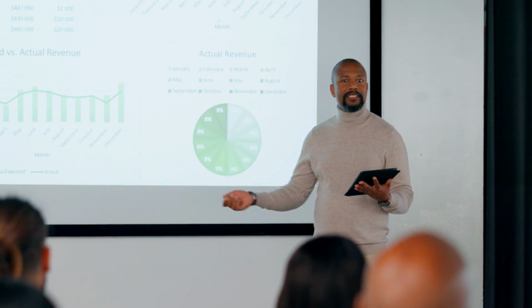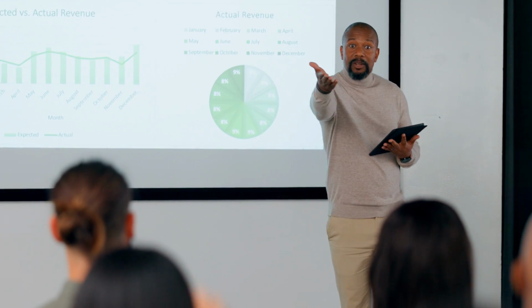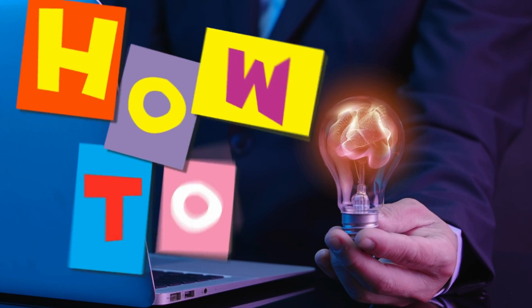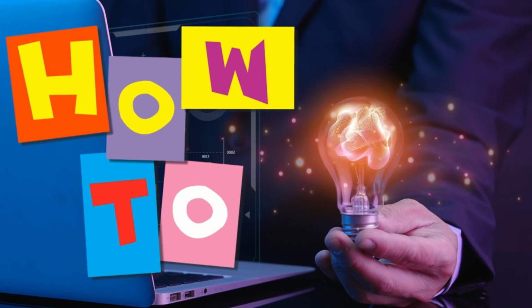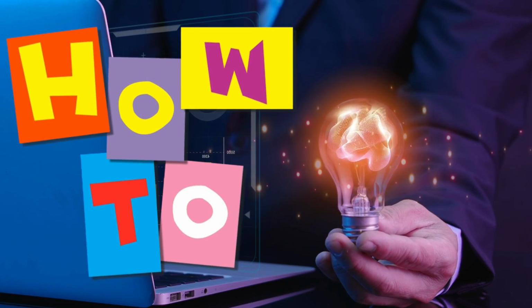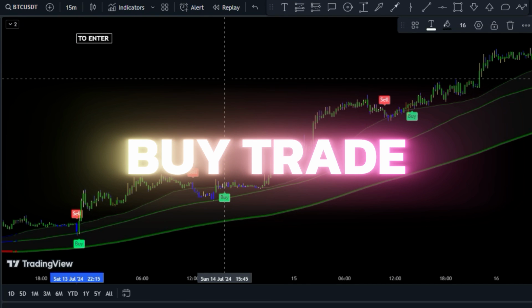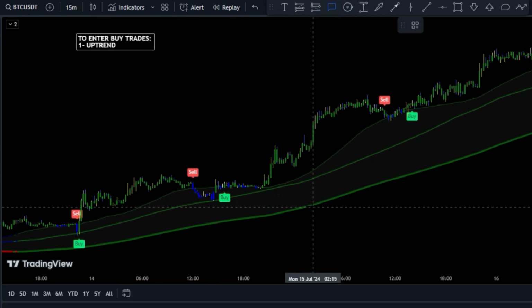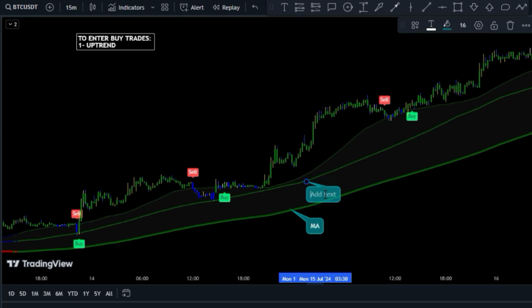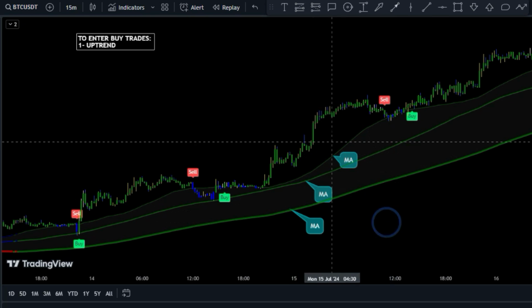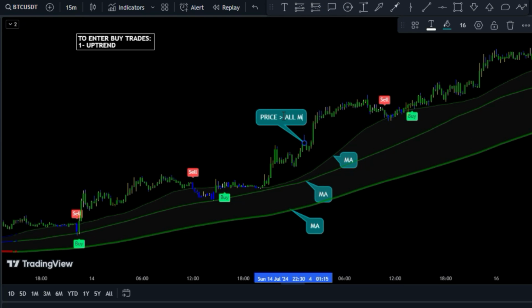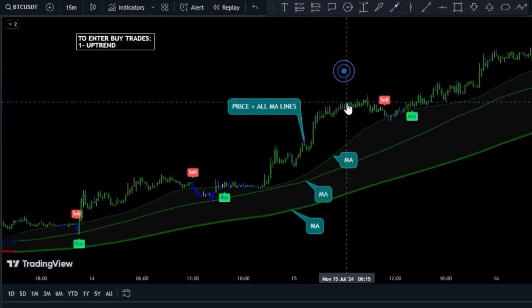Now that you're familiar with adding and optimizing indicators, let's explore how to make profitable trades using our strategy and its straightforward rules. When it comes to buy trades, always ensure you're trading in the direction of the uptrend. Verify that the price candles are above all moving average lines, confirming a strong uptrend and filtering out any potential sell signals.